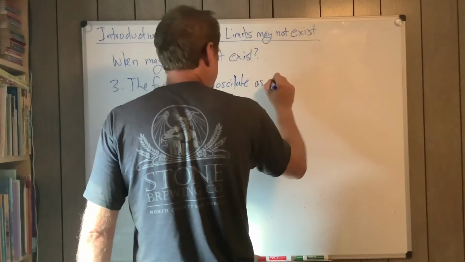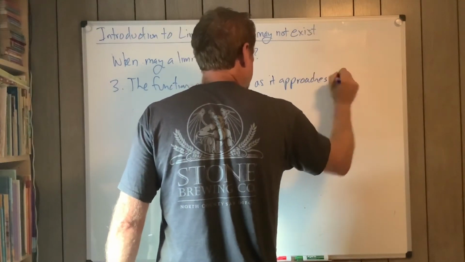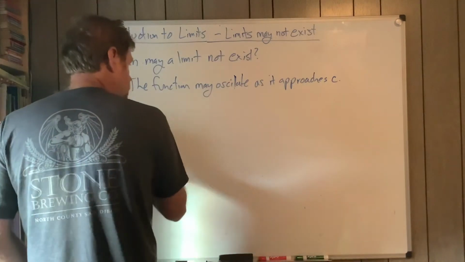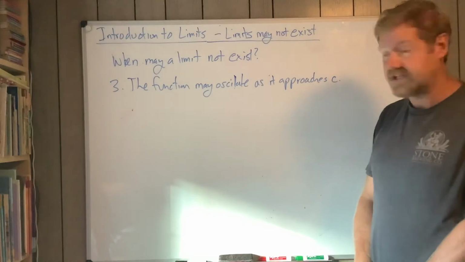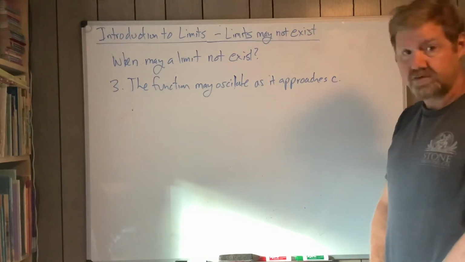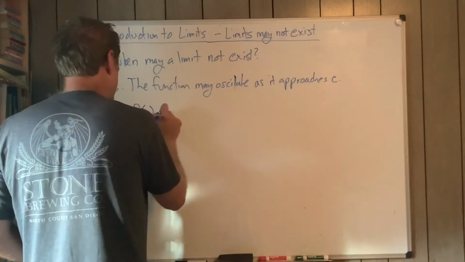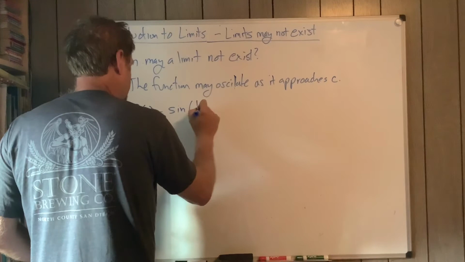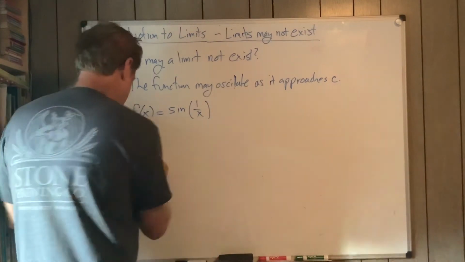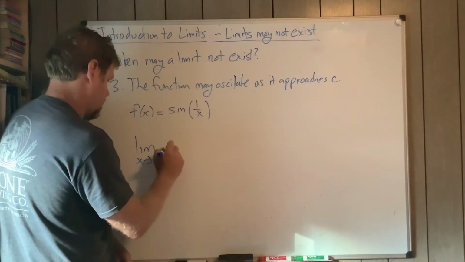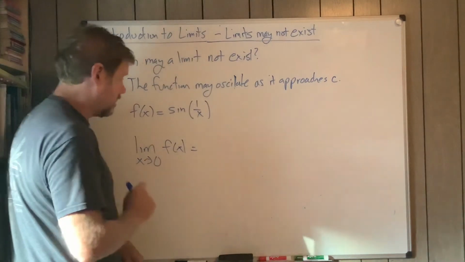Oscillate. Okay, and this is going to be that the function may oscillate as it approaches c. And this is a classic example, sine of 1 over x. And we're going to be interested in the limit as x goes to 0.